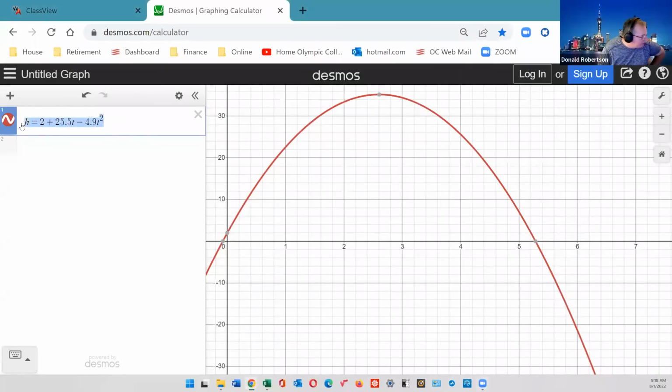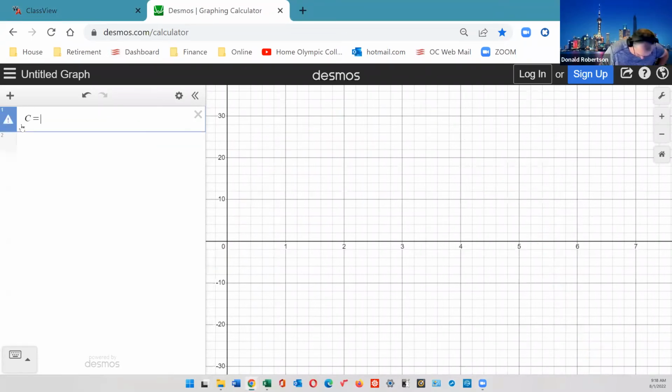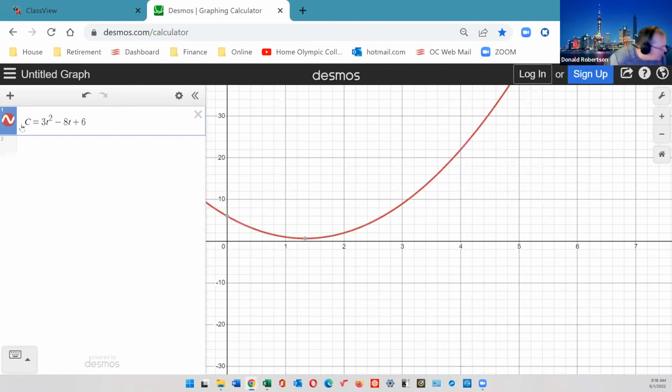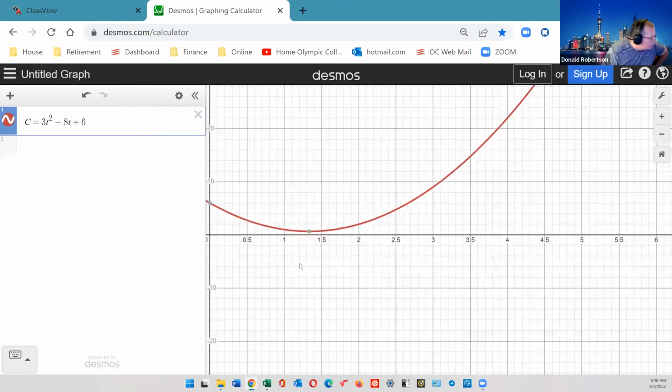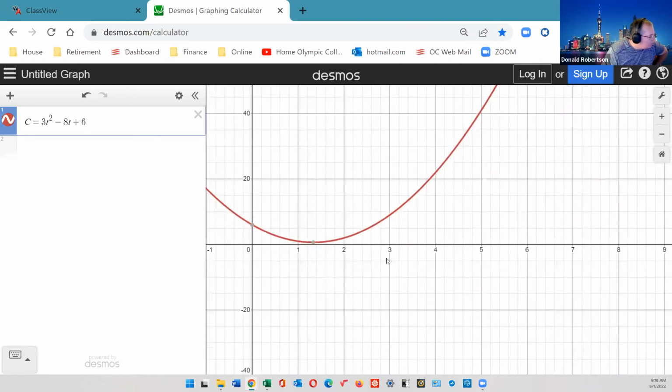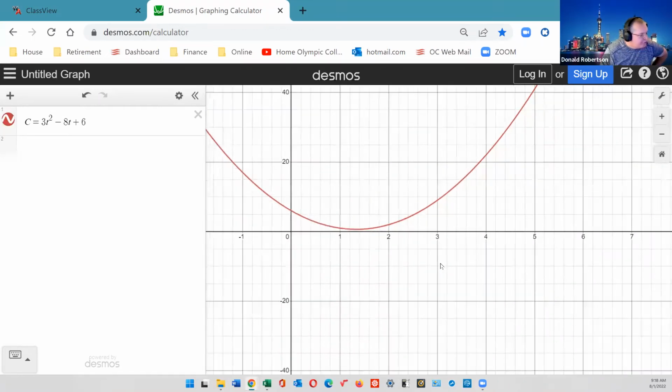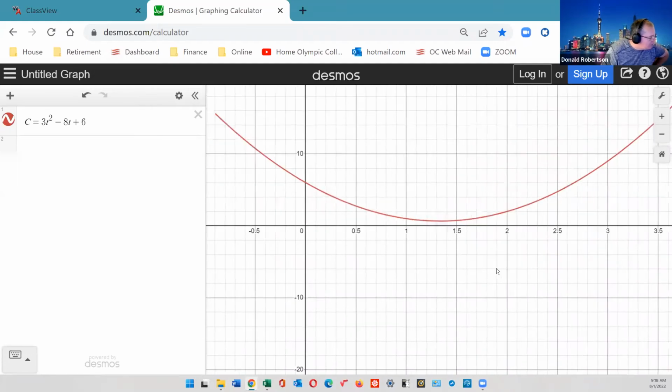So according to Desmos, then C, the current, is equal to 3t squared take away 8t and add a 6. And I have just noticed something that's kind of cool.